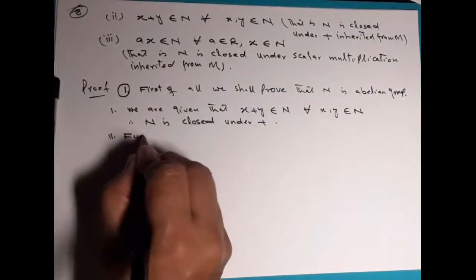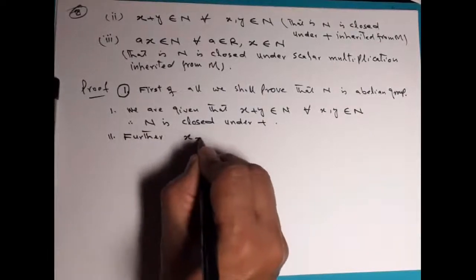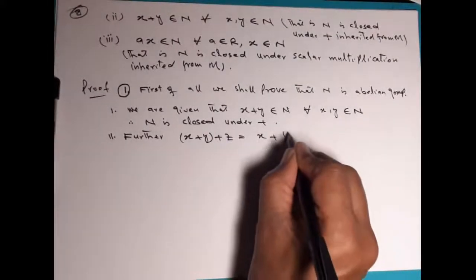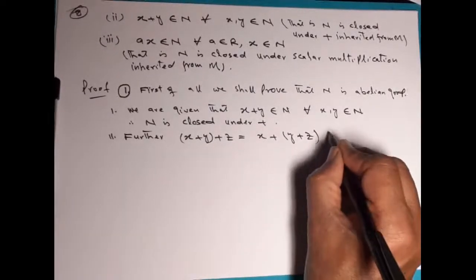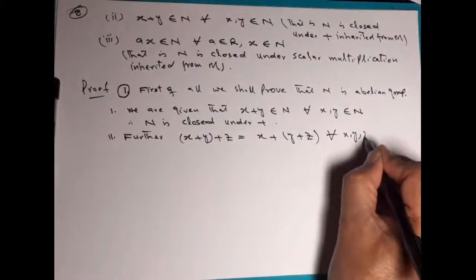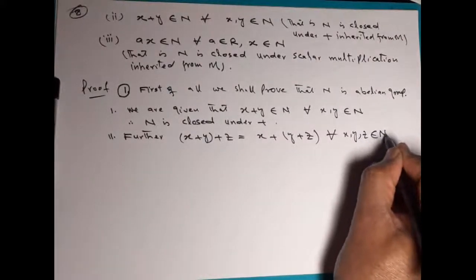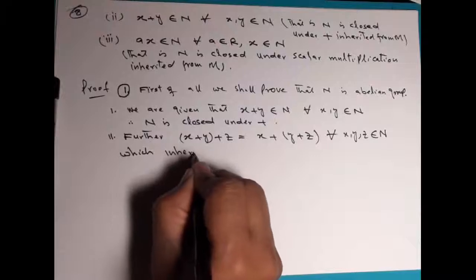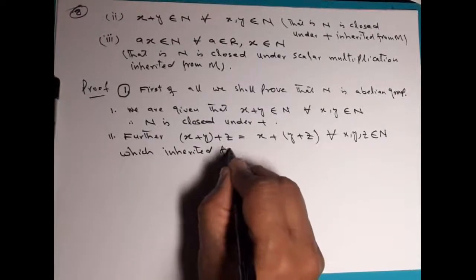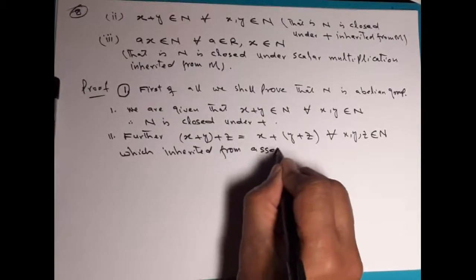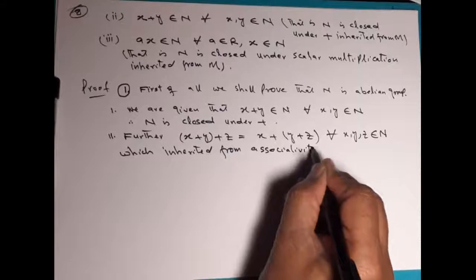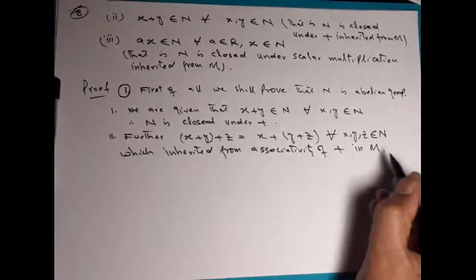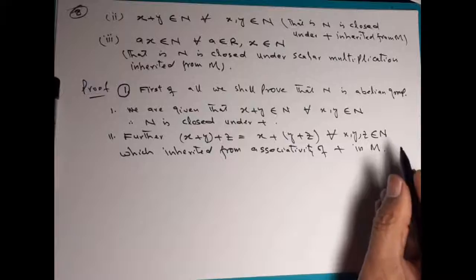Further, x plus y plus z is equal to x plus y plus z for all x, y, z belonging to N, which is inherited from associativity of addition in M, because addition is associative in M, so it is going to be associative in N as well.